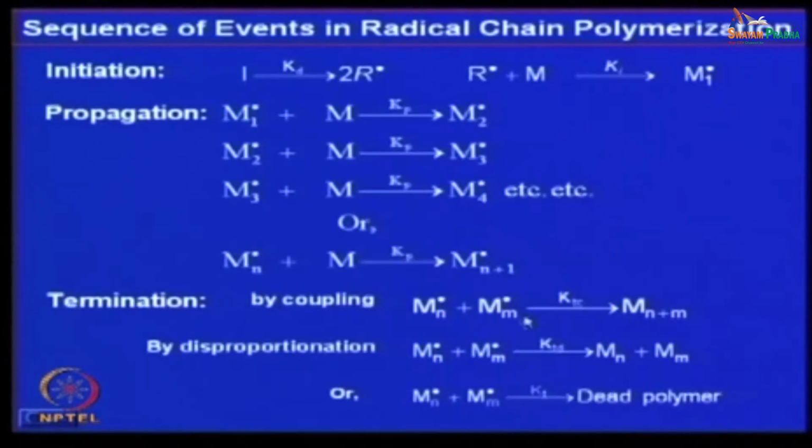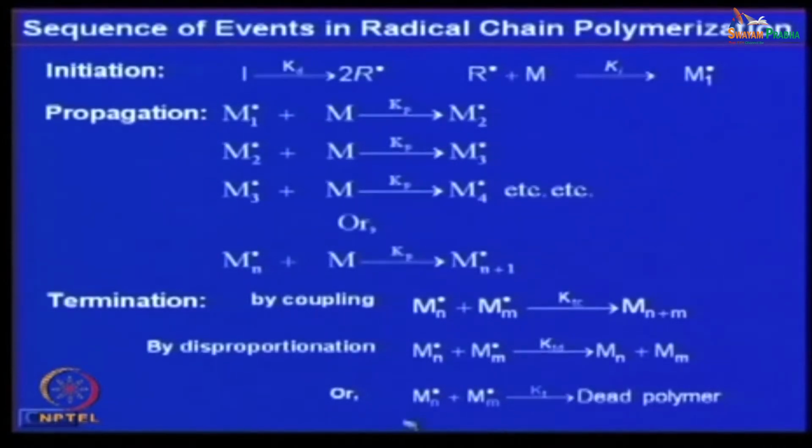Then termination, where we term this termination rate constant as K_tc if it is terminated by coupling reaction, coupling of two growing free radicals, or if it terminates by disproportionation reaction, we denote it as K_td. Here the molecular weight is lower in this case, whereas in the other the molecular weight of the polymer is bigger.